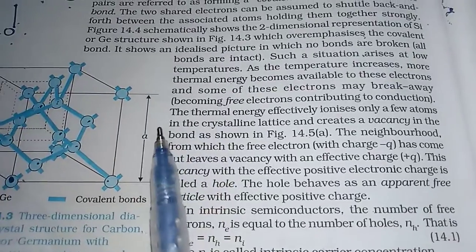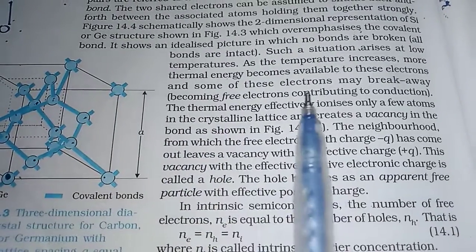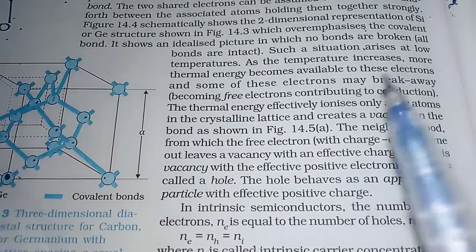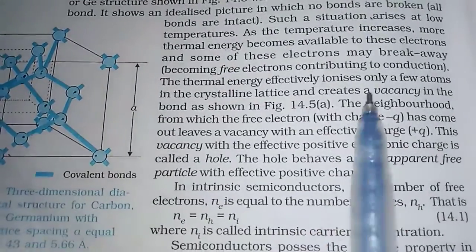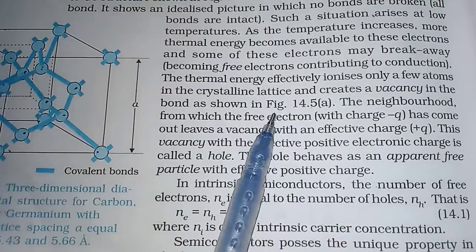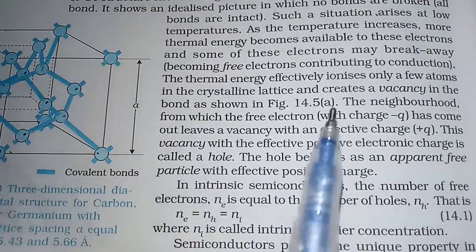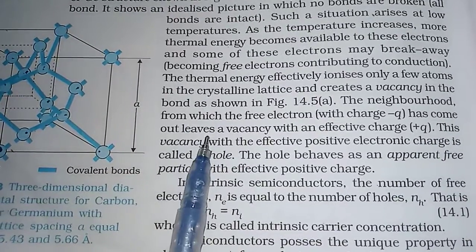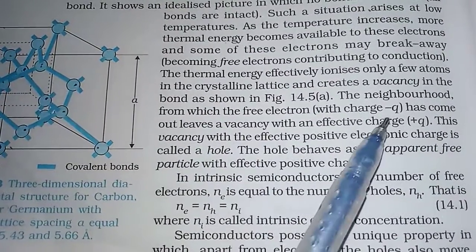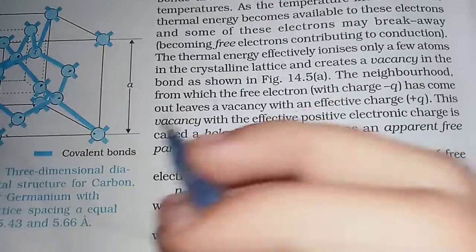So thermal energy effectively ionizes a few atoms in the lattice and creates a vacancy. The neighborhood from which the free electron has come out is left with a vacancy with an effective positive electronic charge, and this vacancy is called a hole.